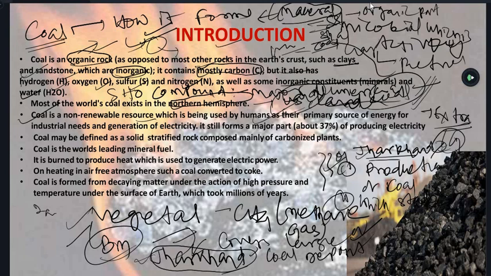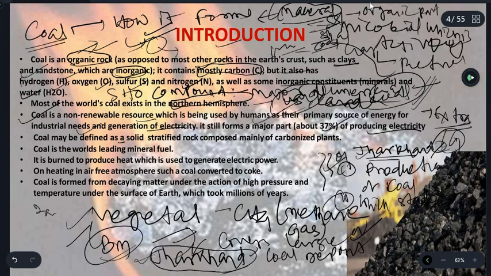The use is huge. If you go to the gypsum mines or cement industry, the uses of coal are huge. So the major source is the energy, for the industrial need or generation of electricity. Around 37% goes to producing electricity.